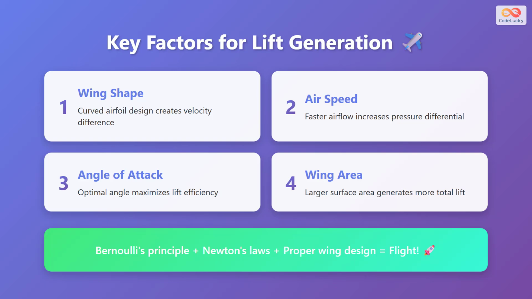Fourth, wing area. A larger surface area generates more total lift force. All these factors work together. Bernoulli's principle combined with Newton's laws of motion, along with proper wing design, make flight possible. Understanding these principles helps us appreciate the remarkable engineering that allows aircraft to defy gravity and soar through the skies.